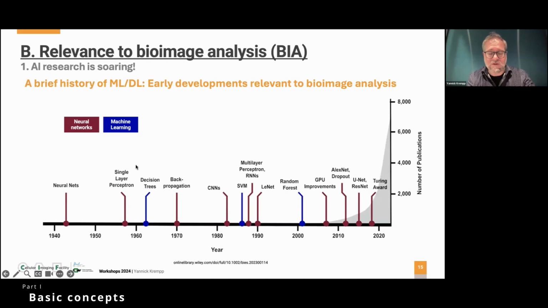And obviously, it affects all kinds of fields in science, especially bioimage analysis. And this just stresses the point that the sooner you educate yourself on this topic, the better.